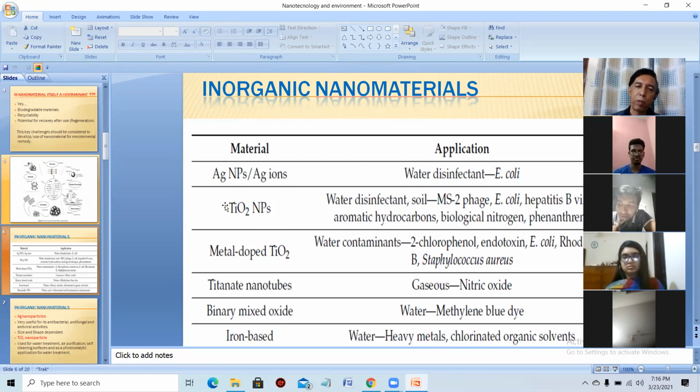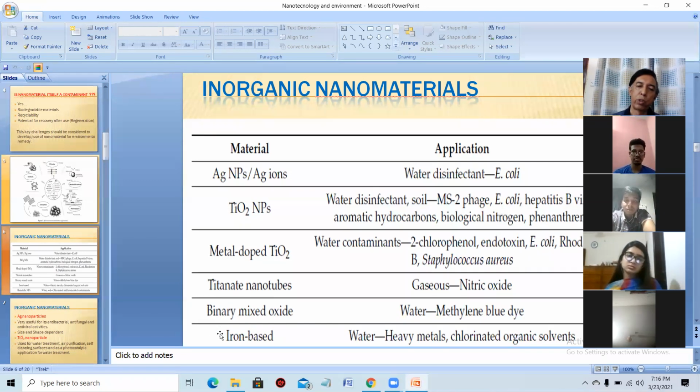That means titanium oxide nanoparticle, where metal is doped on the titanium oxide nanoparticle. They are also used to treat water contaminants. There are titanate nanotubes, there are binary mixed oxides, and these iron-based nanoparticles, these are most important.